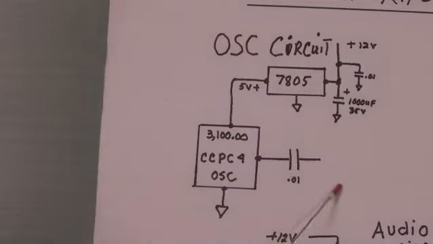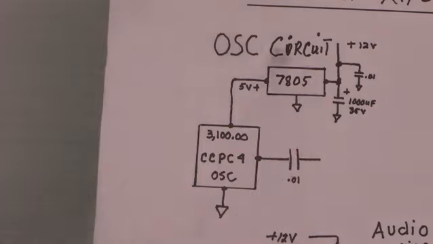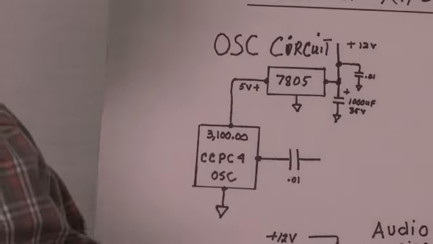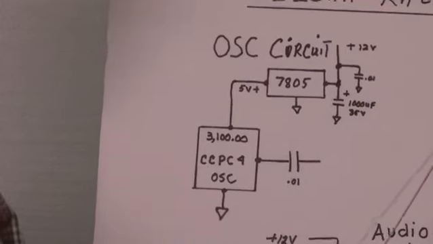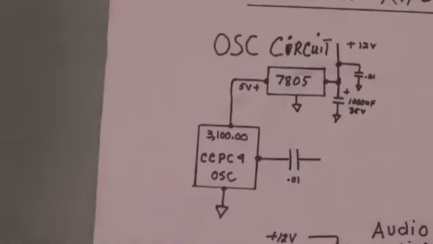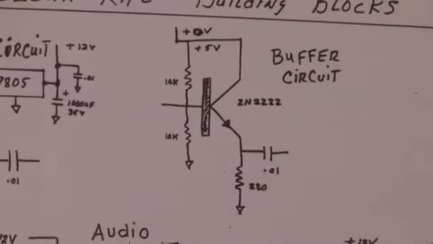Now, whether we're using square waves or we're using sine waves, we're still going to get the same thing. We're just going to get more of them with a square wave because it's odd harmonics. And to protect this oscillator, we built a buffer circuit for it, which takes the RF and buffers it so that there's a safety factor, so that it comes out of the emitter at low impedance.